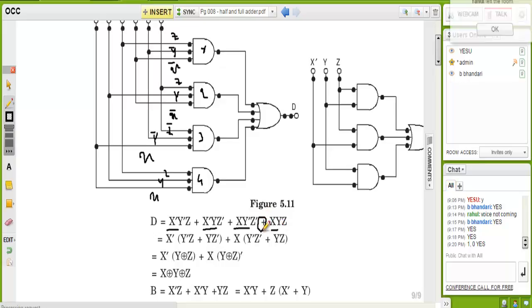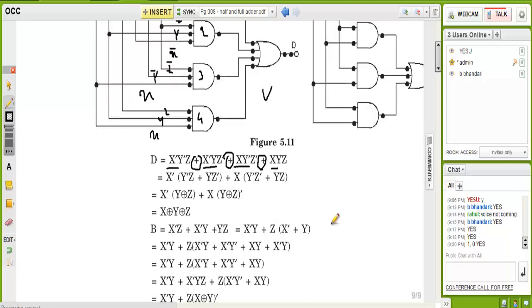See, we add all the AND gates, and we know this addition is done by the OR gate. So that is why we use an OR gate, a 4-input OR gate, and every output from the AND gates we add. In that way we make our desired circuit for getting the output.